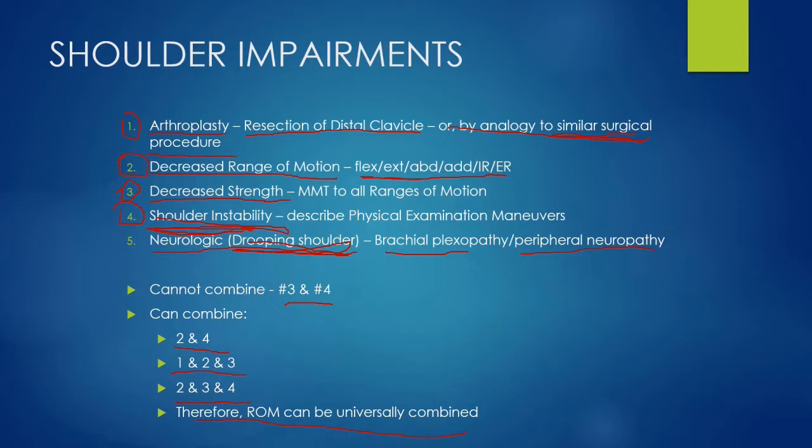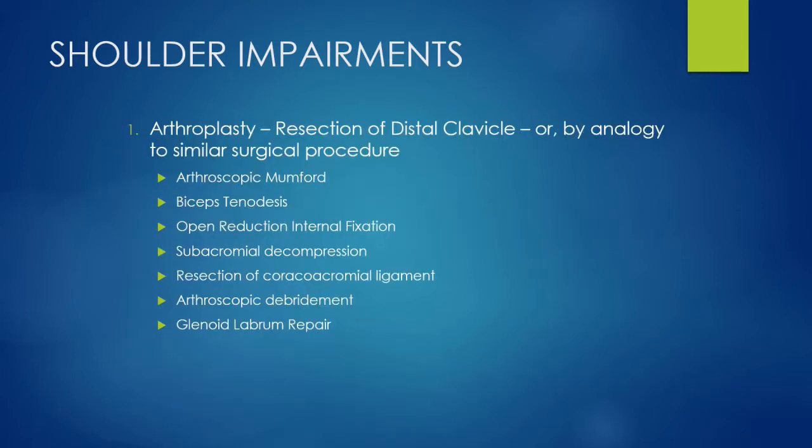Okay, so let's talk first of all about some of these different surgical procedures that can be analogized to resection of distal clavicle. Now, as you review the medical records of your examinee, you're going to come across many descriptions of shoulder surgical procedures in addition to, or sometimes in place of, resection of the distal clavicle.